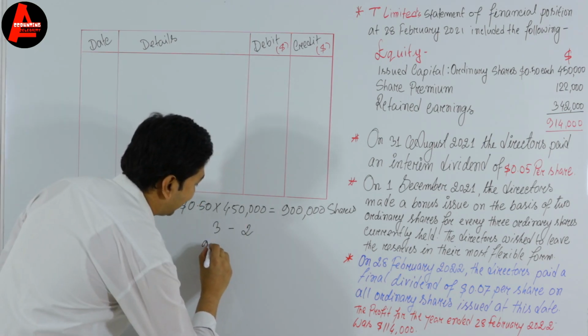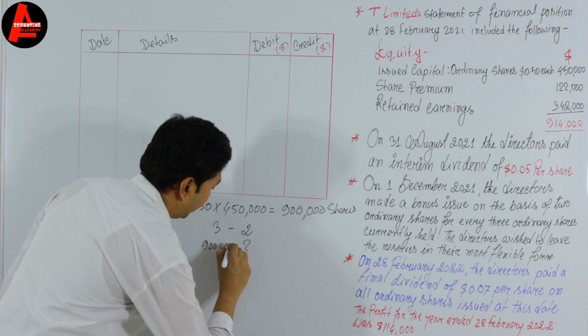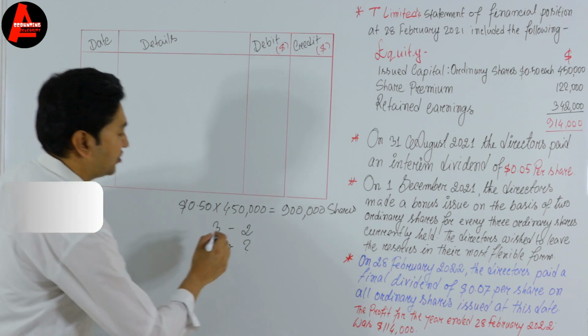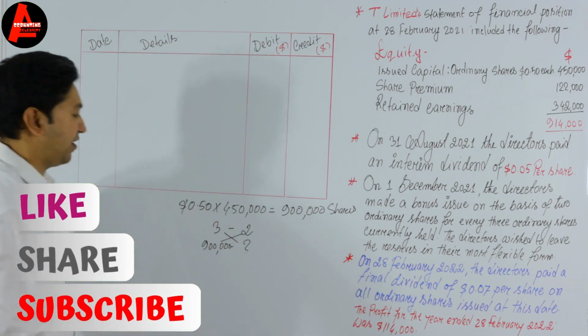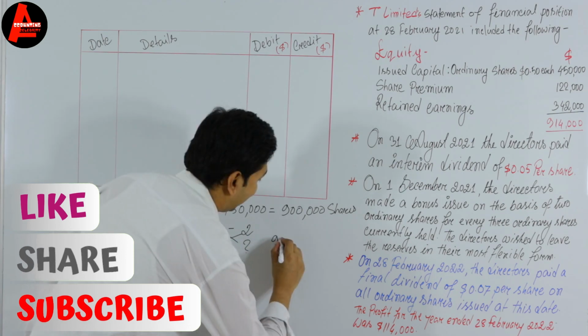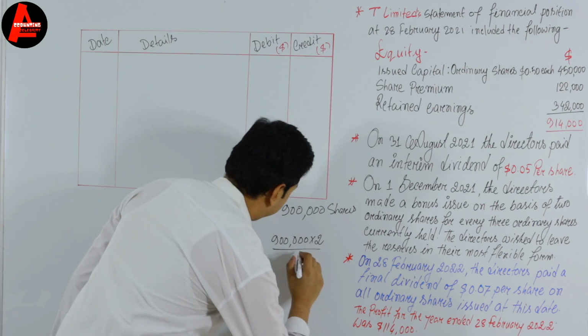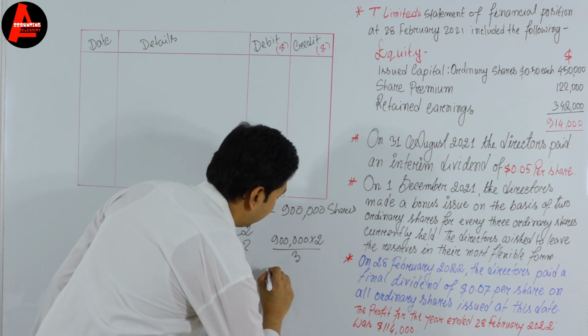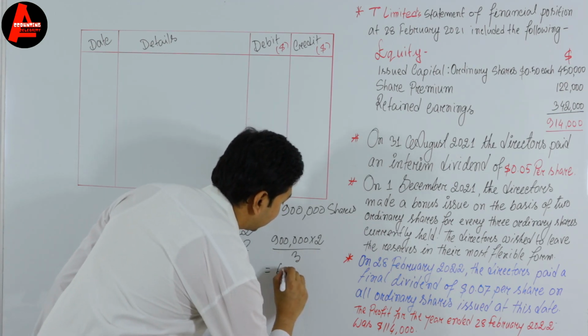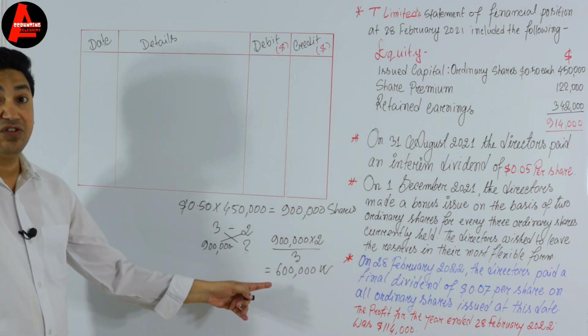For 900,000 ordinary shares, how many will be bonus shares? We will cross multiply: 900,000 multiplied by 2 divided by 3. We get 600,000 bonus shares the business has to issue.